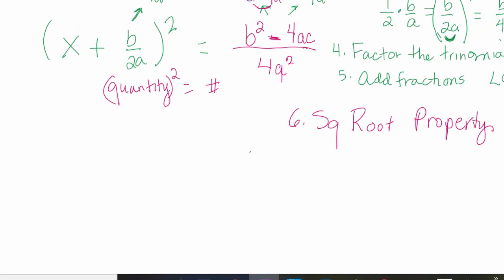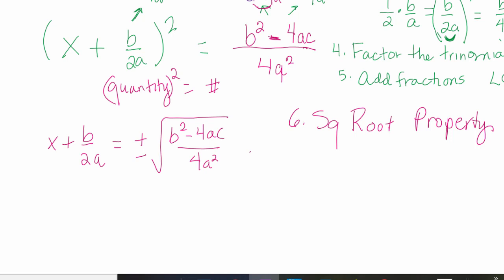So square root of something squared is x plus b over 2a. But over here on the right hand side, we're going to remember our plus or minus, and then we've got the square root of a fraction. But you know that we can split up this big square root here and make it into two individual square roots.